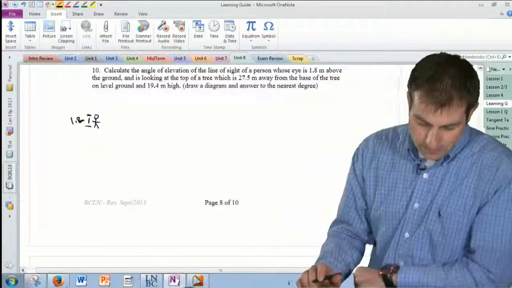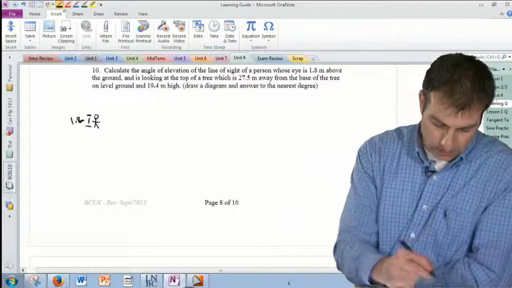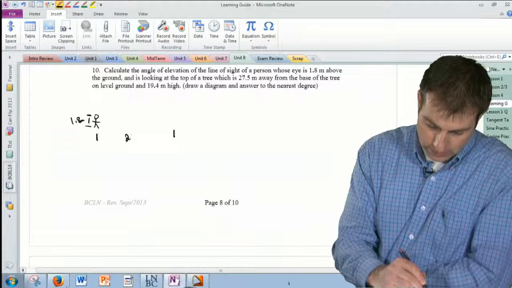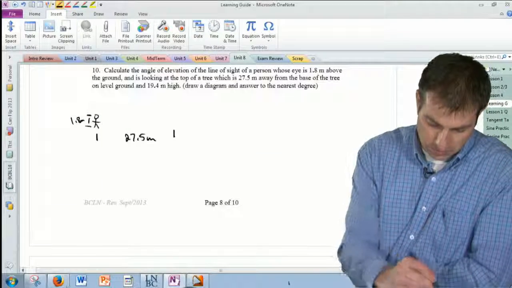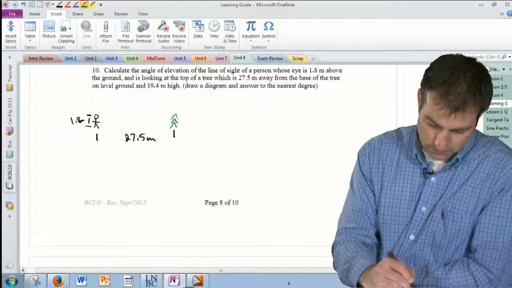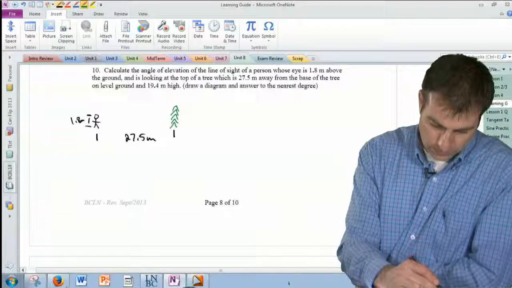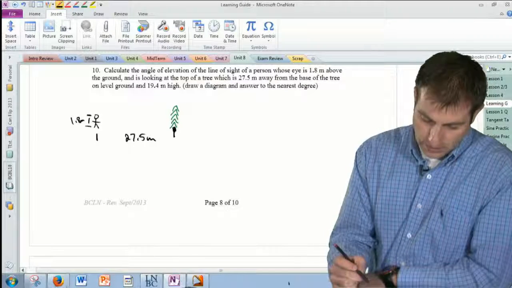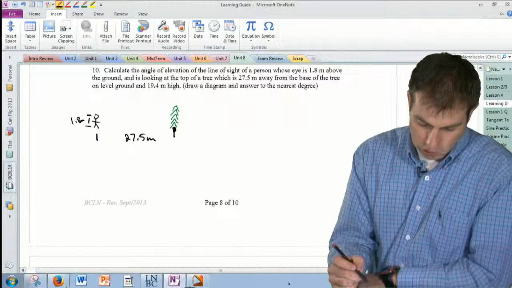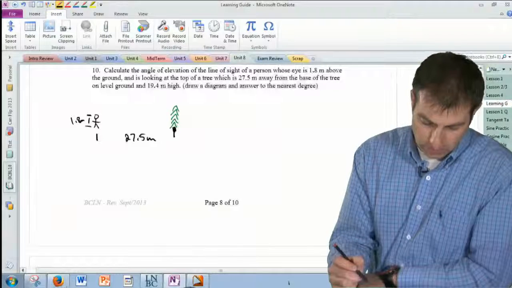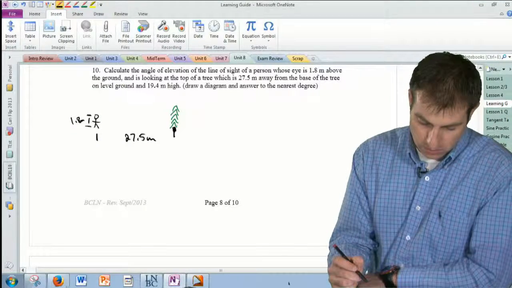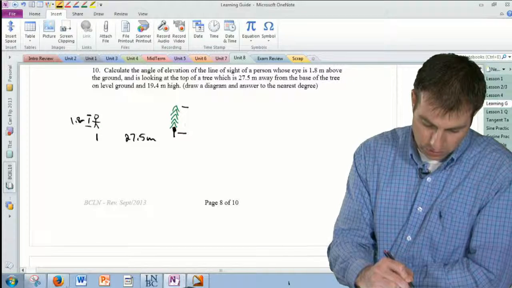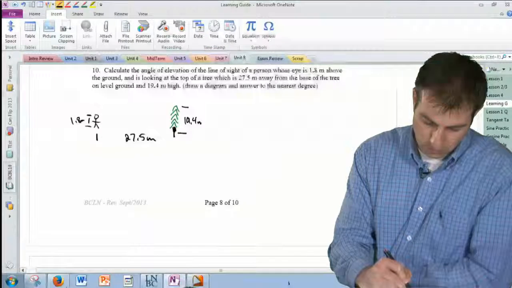So we are given all this additional information: the person is 27.5 meters away from the base of the tree, the base of the tree is on level ground, and the tree is 19.4 meters high.